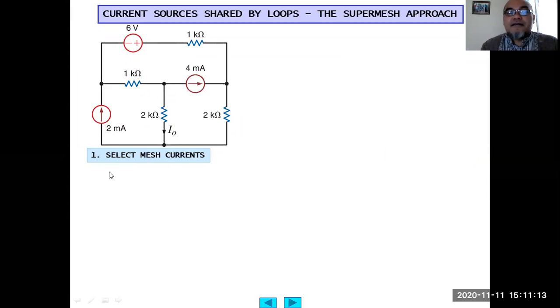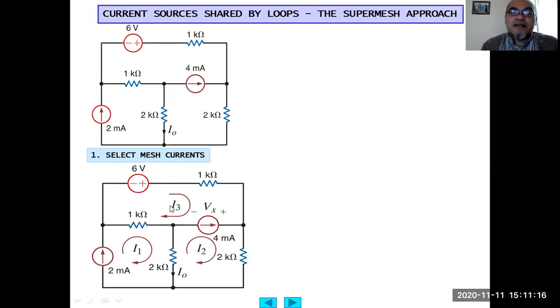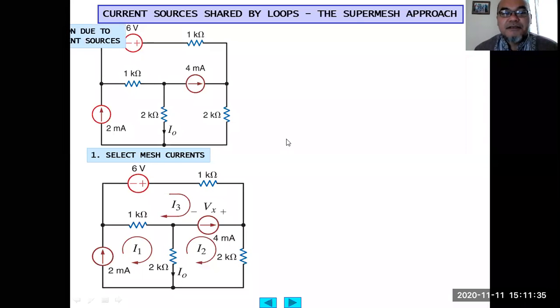First, we select the mesh currents, so we obtain three mesh currents. For example, I1 equals 2 milliampere. We have I2 here, but its value is not 4 milliampere, because this current source is shared by I2 and I3, and I3 is on the top mesh.